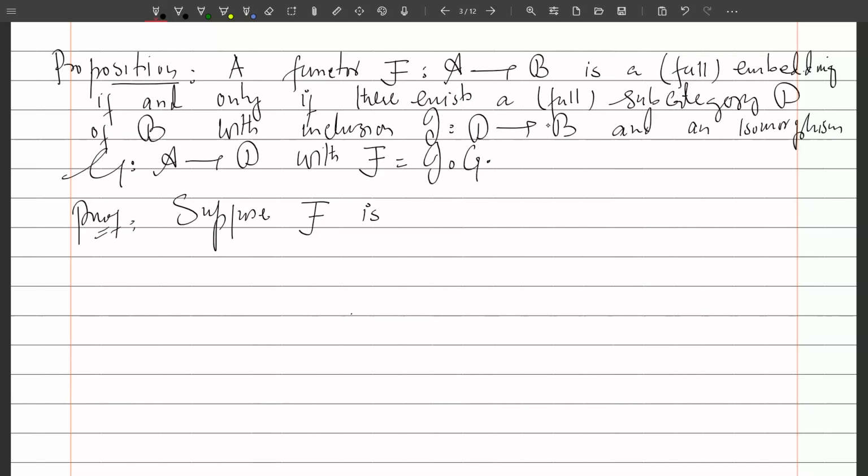Otherwise it is embedding if and only if we have a subcategory here. So suppose f from category A to category B is a full embedding.